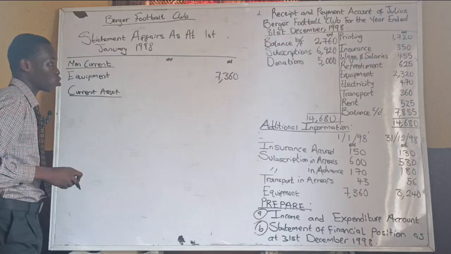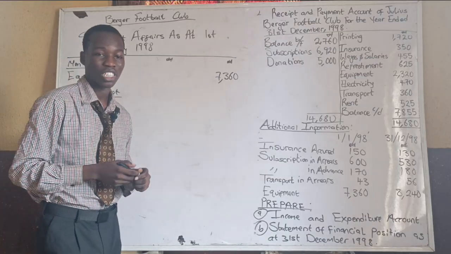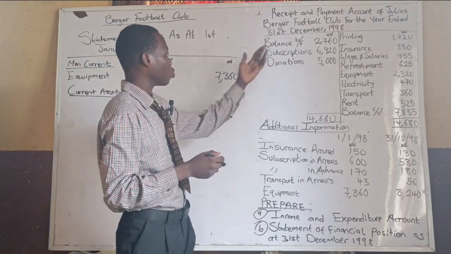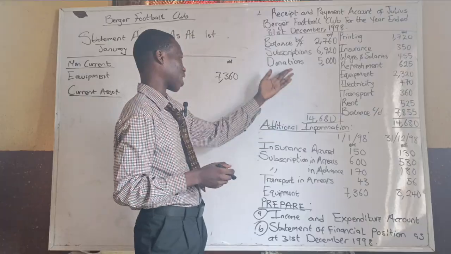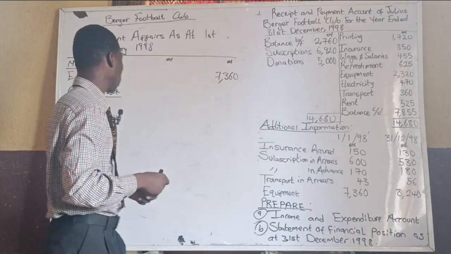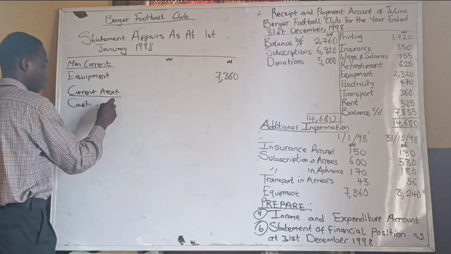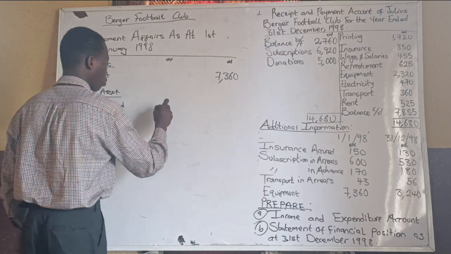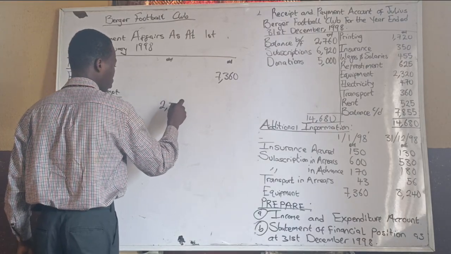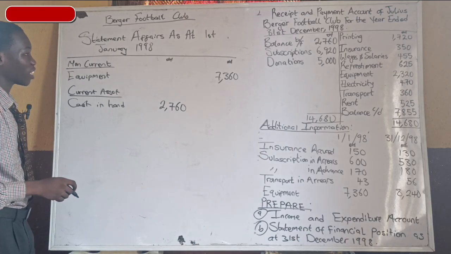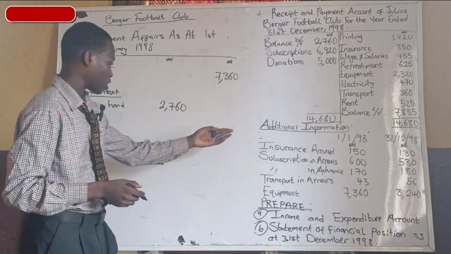The first current asset you look at is your cash in hand balance brought forward, which you find in your receipt and payment account. That is 2,000, so we have cash in hand of 2,760.